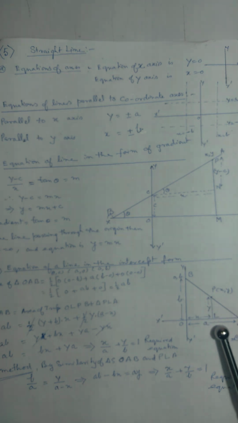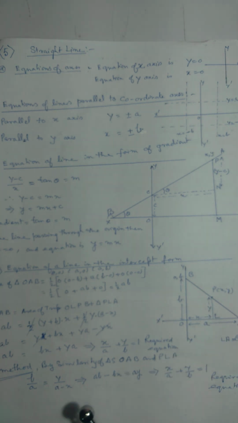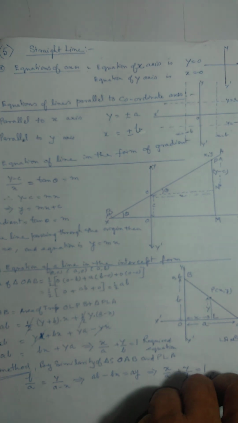Here it will be y and this portion will be LA, that is a minus x. So I have written here y upon a minus x and cross multiply it, you will get ab minus bx is equal to ay. That will be x by a plus y by b is equal to 1. This will be the required equation in the intercept form of a straight line.